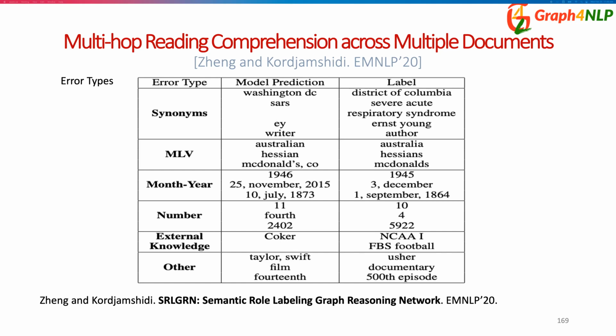I think there's a lot of room for improvement, but the basic idea is that, based on the work we have seen so far, the quality of the graph matters a lot. The more we can improve the quality of the graph, the more likely the graph will improve the downstream task of machine reading comprehension.